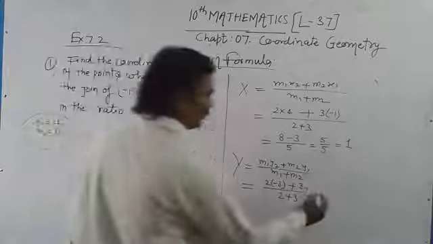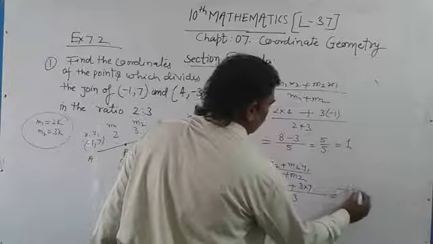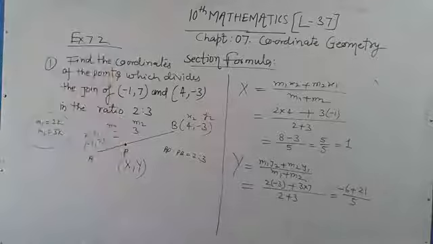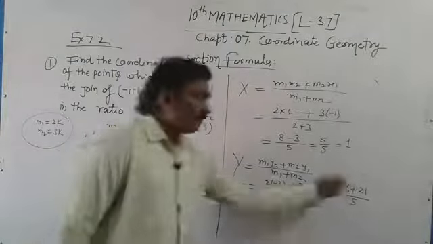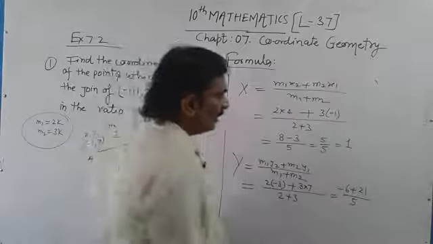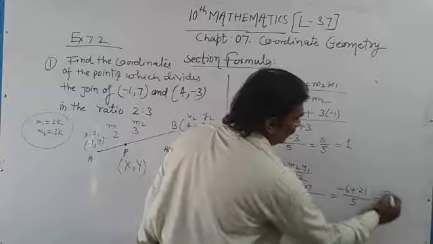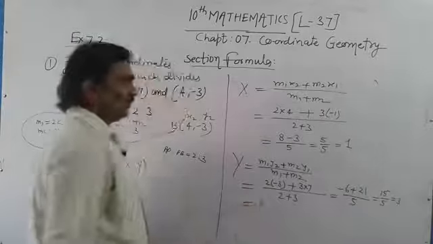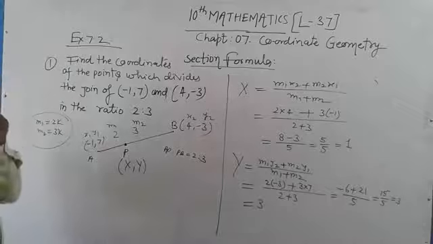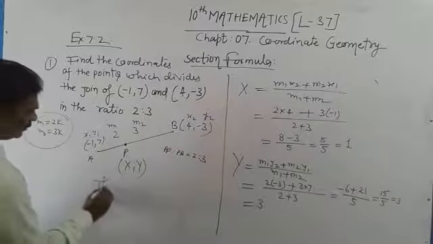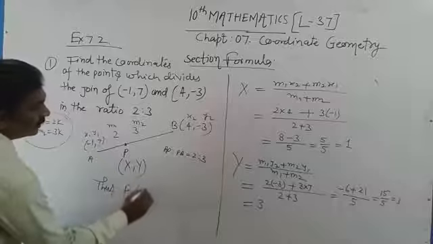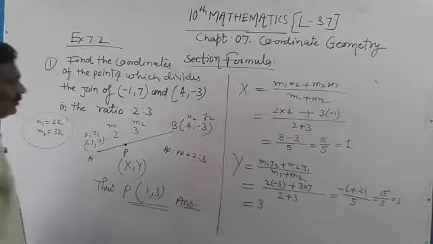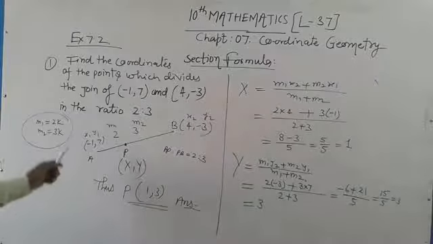Sorry students, it is -6 plus 21, that is 15 upon 5, that is 3. So capital Y is 3. Thus the coordinates of point P will be (1, 3). This is the answer.